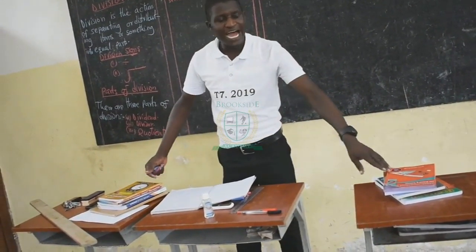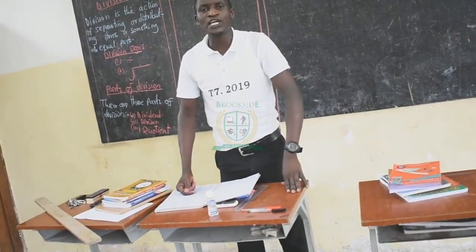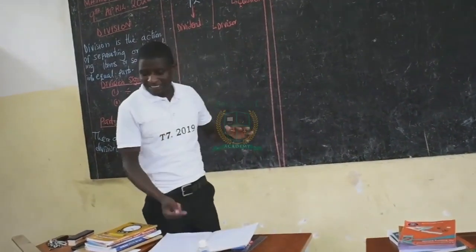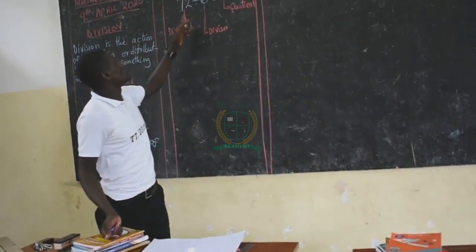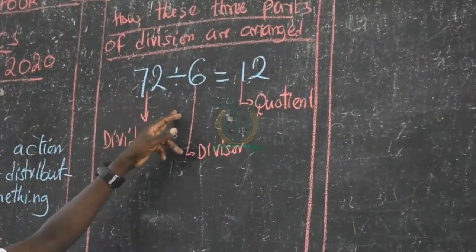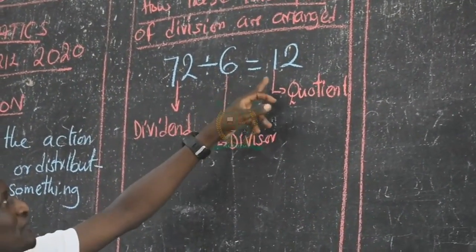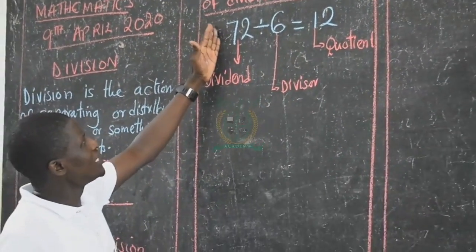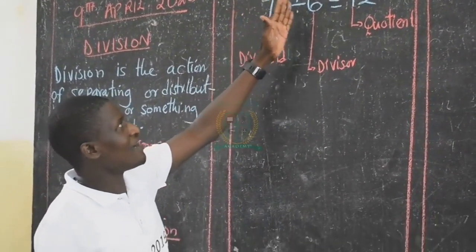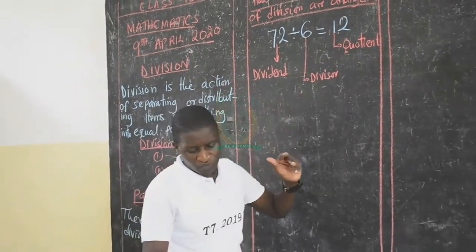So I subdivided the 12 books into 2 equal parts. In this case, it is the same: these 72 are the items, and they are going to be divided by 6. So the dividend is always the bigger item, then we have another number, then the answer. We proceed up to there.